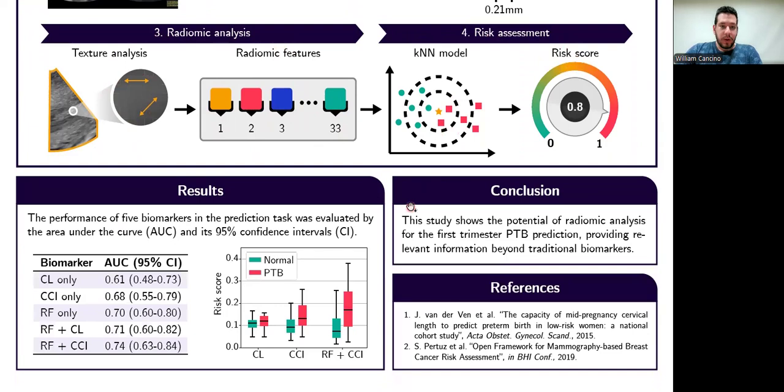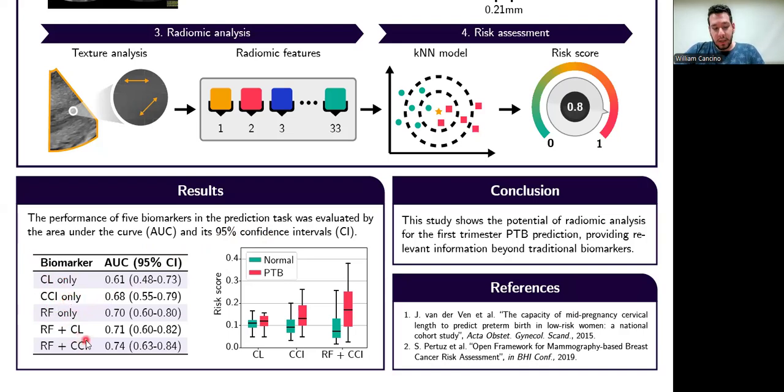The performance of 5 biomarkers was evaluated using the area under the curve and its 95% confidence intervals. The cervical consistency index demonstrated a better performance than the cervical length. In the third scenario, which corresponds to our proposed workflow, radiomic features obtained a better performance than the cervical measurements.